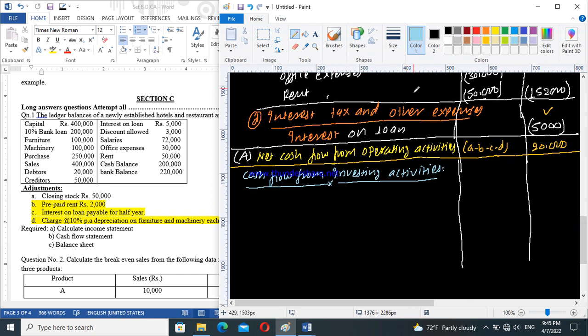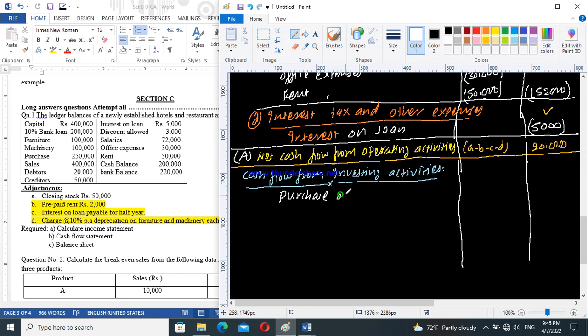Investing activities involve purchase and sale of fixed assets. Let's have a look. The given information is increasing of the fixed assets. We can write over here purchase of furniture.